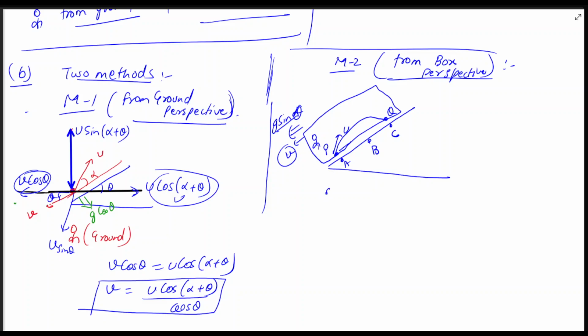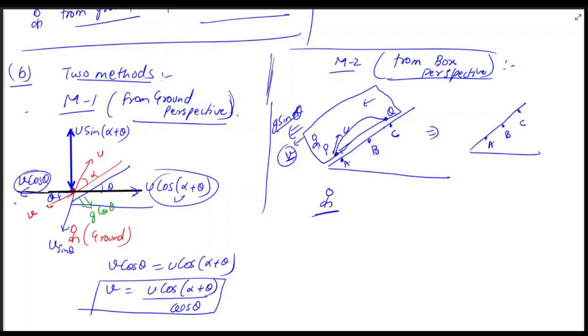When I look at this situation from outside, if V is zero, I don't know what will happen, but if V is something, the box will slide here. So this Q will go here, and the situation will look like this. This is point A, this is our B point, this is our C point.